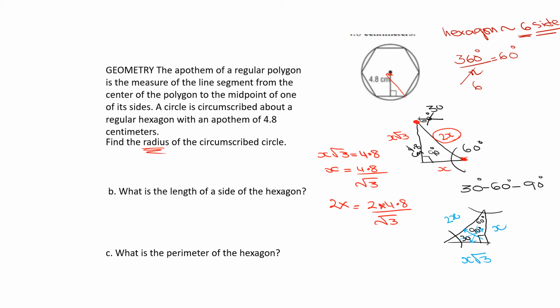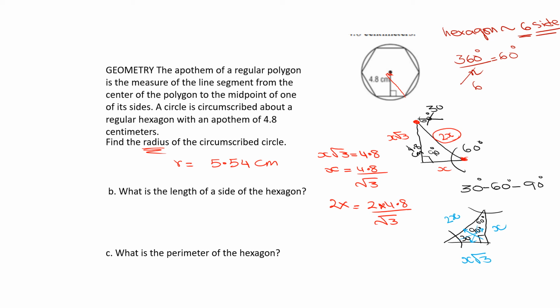In decimal, my answer is R equals 5.54 centimeters. Now they are asking what is the length of a side of the hexagon.